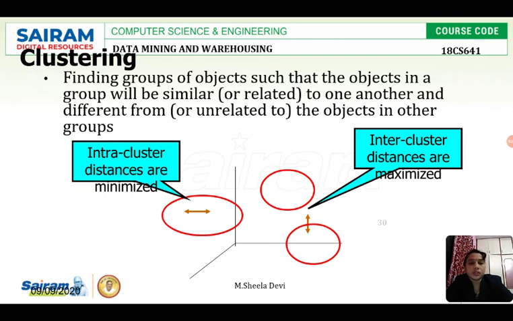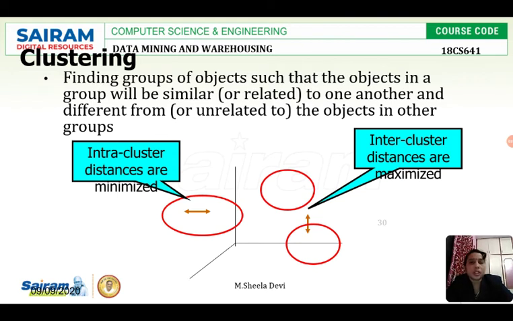So when the data is more similar to another cluster, then the distance between the two clusters is less. If the distance between the two clusters is more, then they are not that similar. The properties of the two clusters are not that similar.